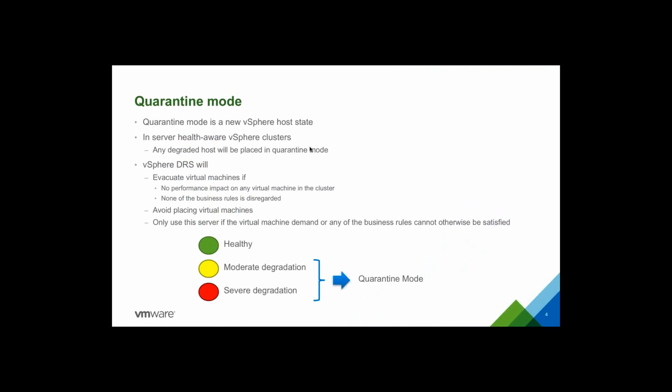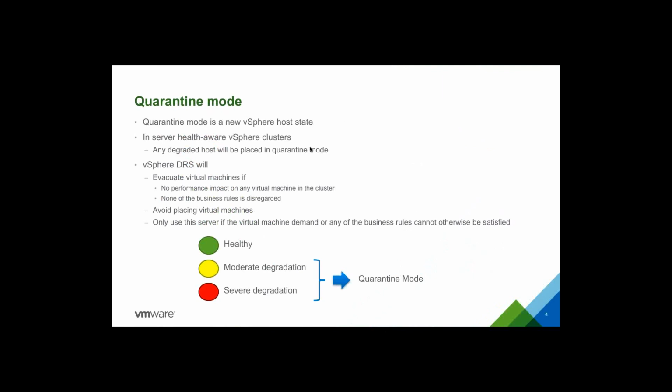In addition to that, a couple more details: you can choose whether or not a different component is considered a moderate degradation or a severe degradation, and then you can choose how you want to respond to those different types of component failures.